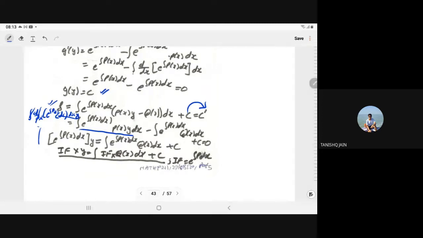So that is our solution for the linear equation: integrating factor into y is equal to integral of integrating factor into Q plus c, where the integrating factor is equal to e to power integral P dx. So that is the solution.